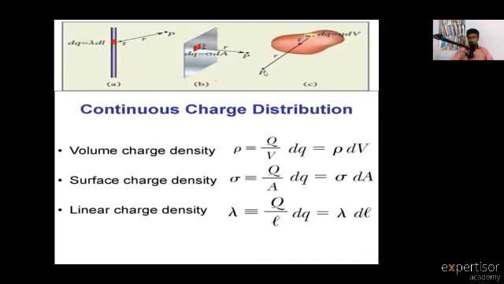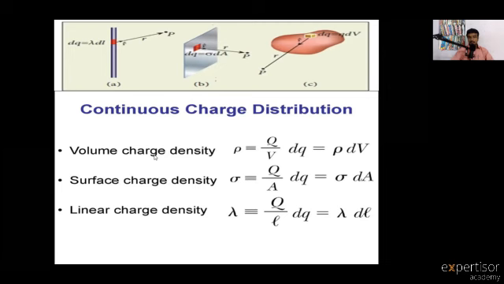So that is well defined. Here the definition is rho is equal to Q by V. You should convert this equation like the previous two equations. When you convert these, dq is equal to rho into dv. Okay. So these are the three different types of charge densities.